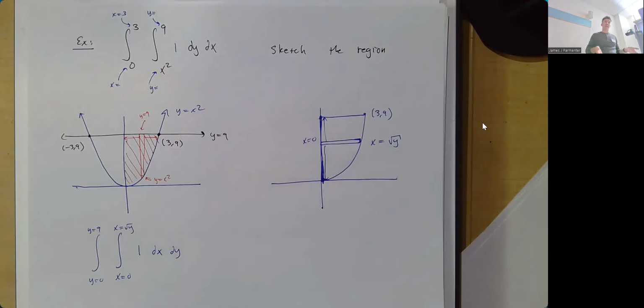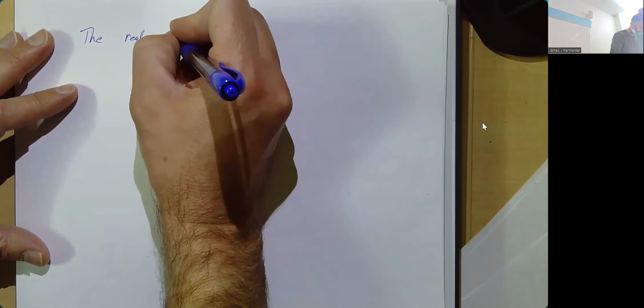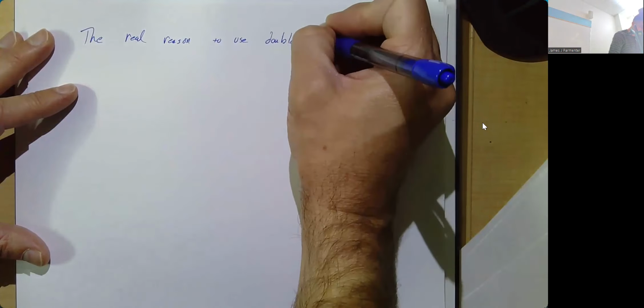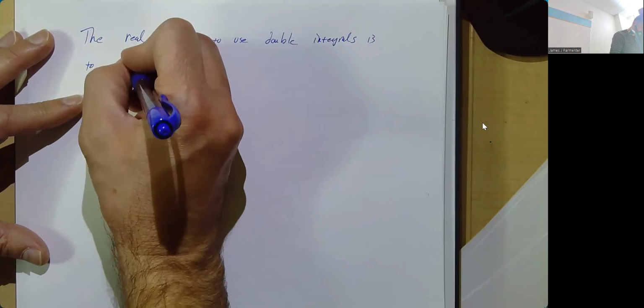So that's why we're actually talking about writing these regions in terms of double integrals, because to be able to do that, you have to be able to write the area part as the limits of integration of your double integral, and then the thing you're integrating is a function of x and y. So the real reason to use double integrals is to calculate volume.